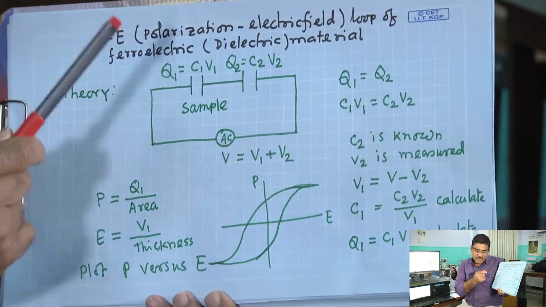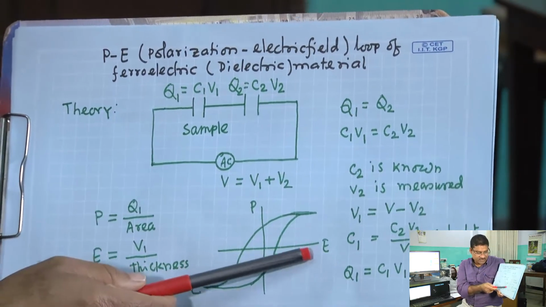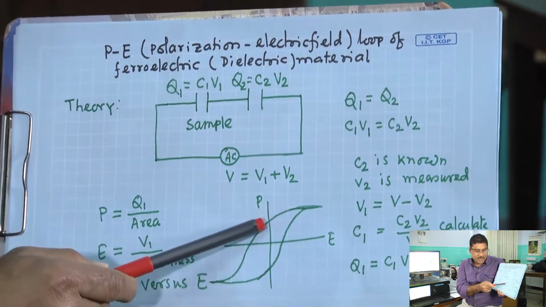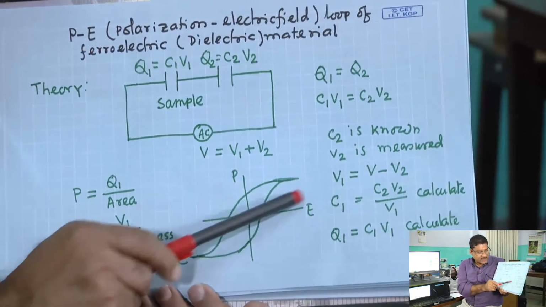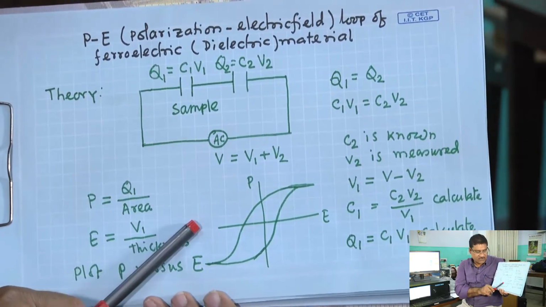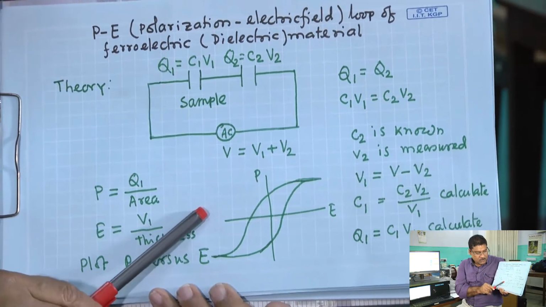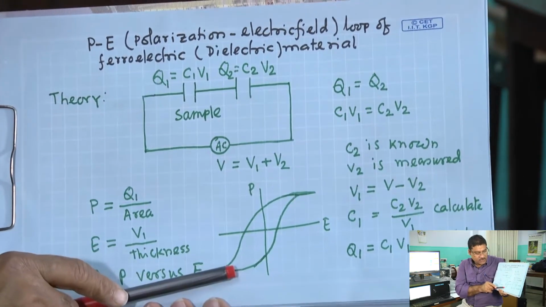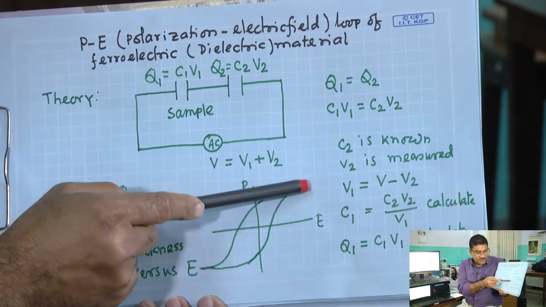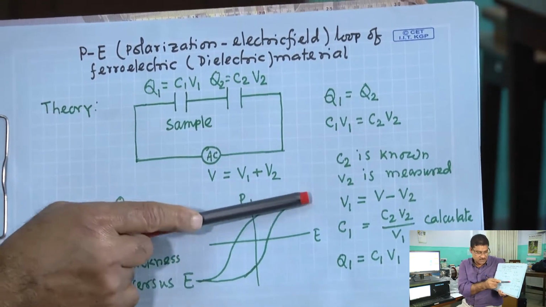So, with some steps of electric field, we have to take data and then plot, then we will get this kind of hysteresis loop. From this hysteresis loop we can find out the saturation polarization PS.